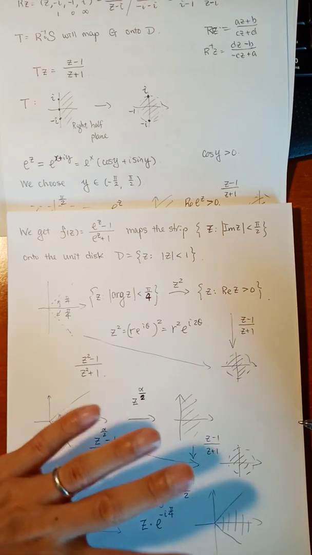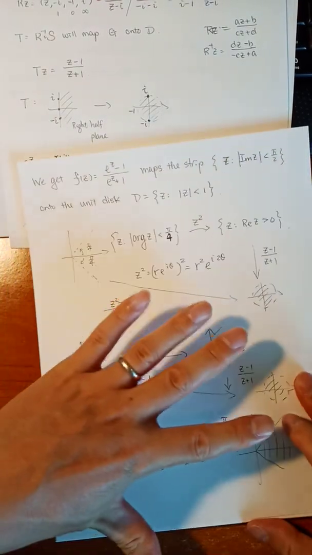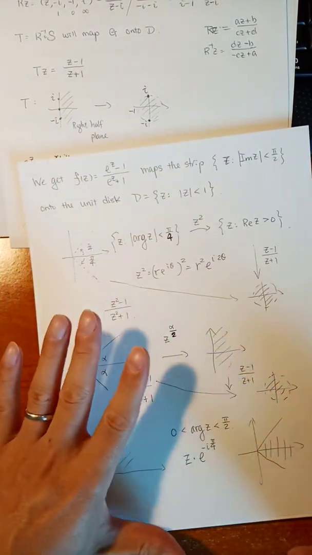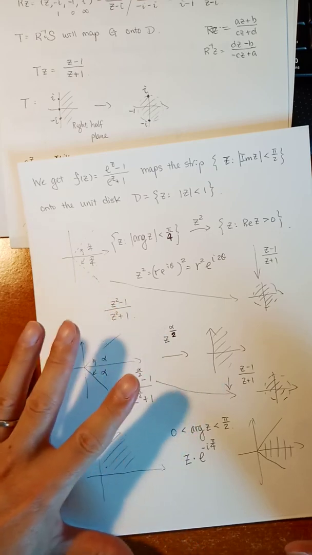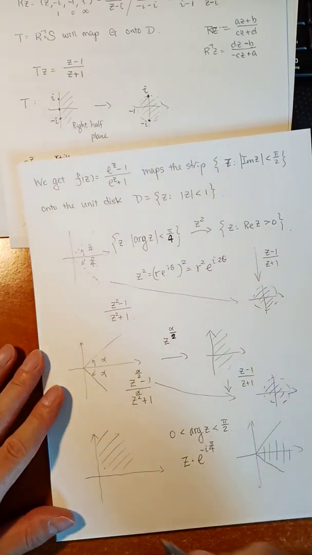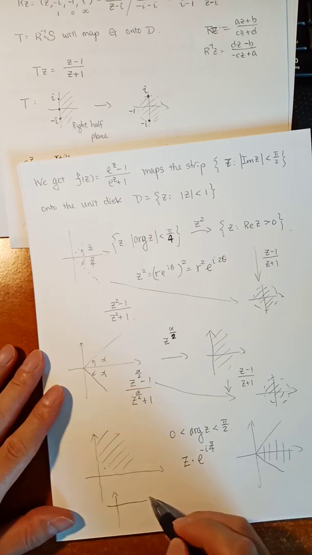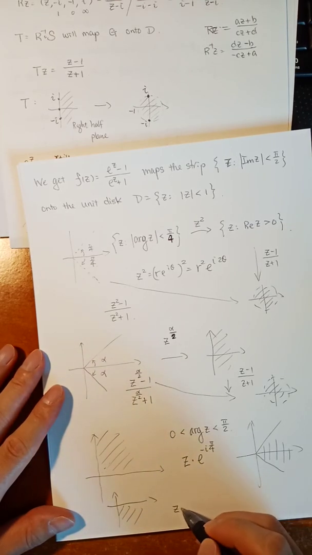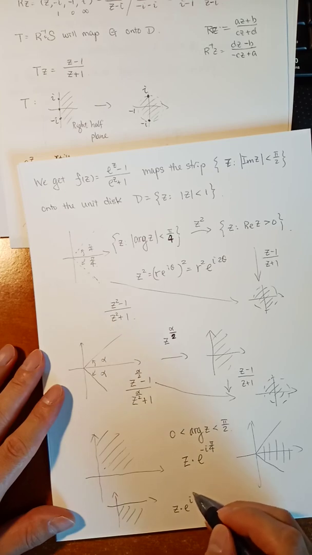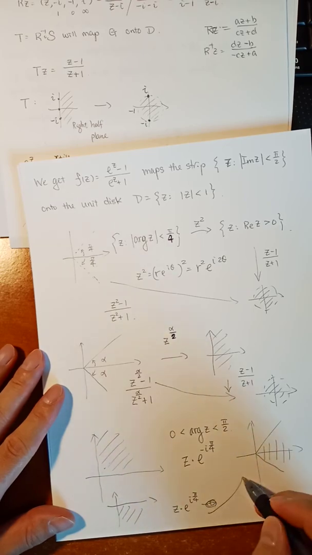If you have quadrant 4, you are going to rotate counterclockwise. If you have the quadrant here, then you apply z times e^{i pi/4}, adding pi over 4, and you change it to this part.